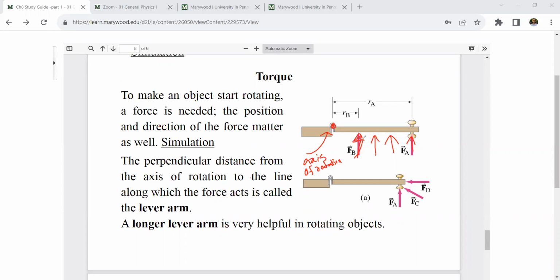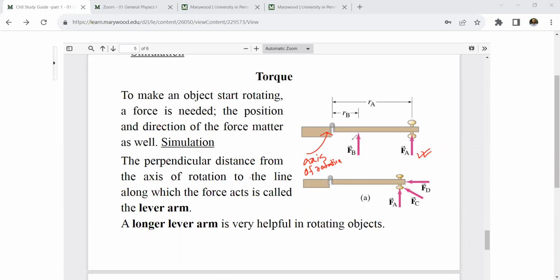The important thing is which force is more efficient, with which force we can efficiently open the door. I think your answer is this one, right? From our common sense, from our everyday life knowledge, if we apply a force here, the door will be easily opened.